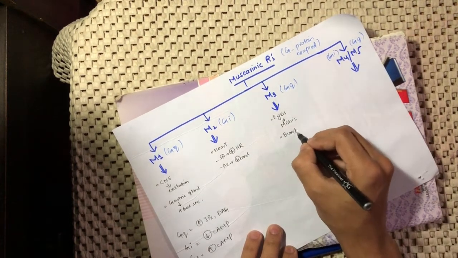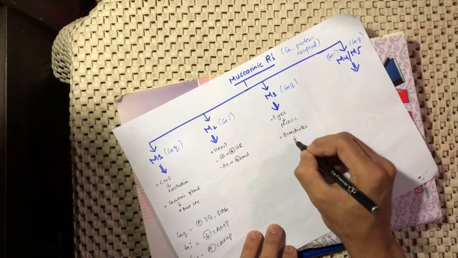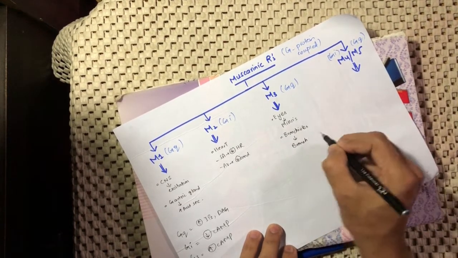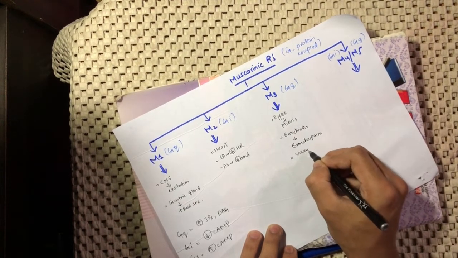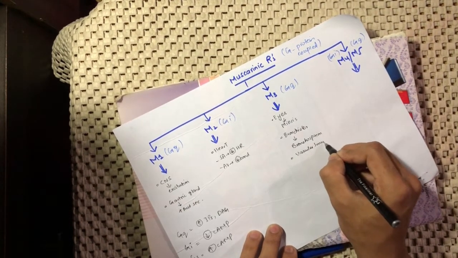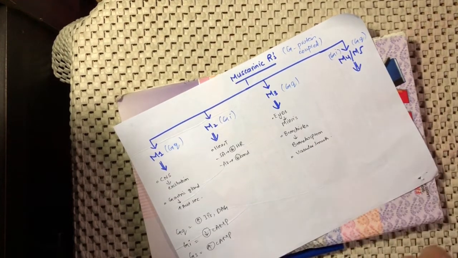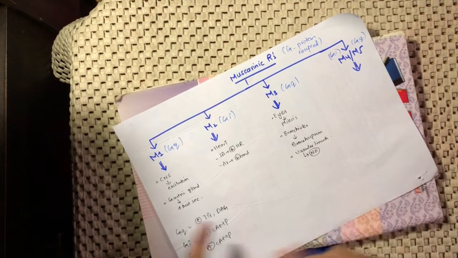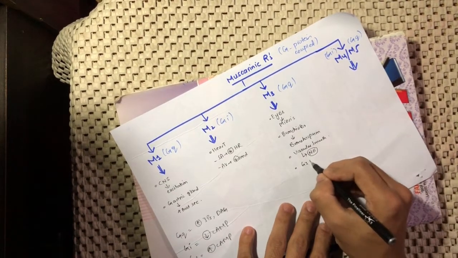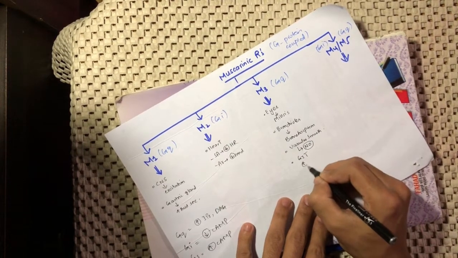In bronchioles, it also causes contraction and causes bronchospasm. In vascular smooth muscle cells, it causes vasodilation, but not directly, via the release of NO. It causes the vasodilation. In the GIT, it increases the motility.